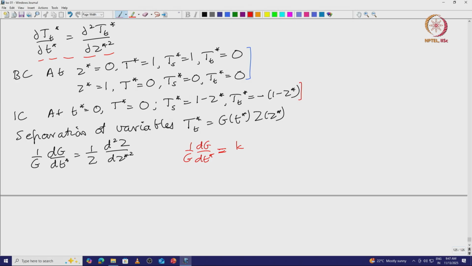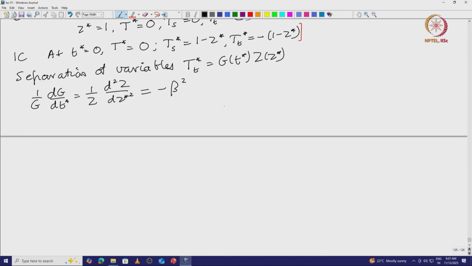For this system, we require that the transient part of the temperature has to go to 0 as time goes to infinity, so that the temperature becomes the same as the steady temperature. That means this constant has to be negative, so that g decreases exponentially as time goes to infinity. So this is equal to some negative constant, which I had written as minus beta square.